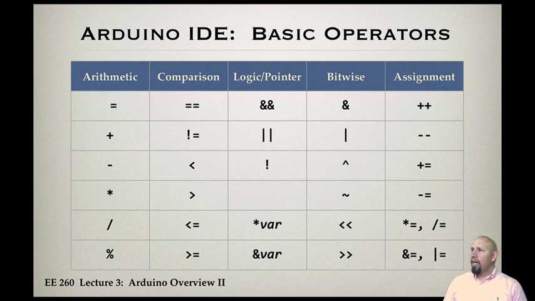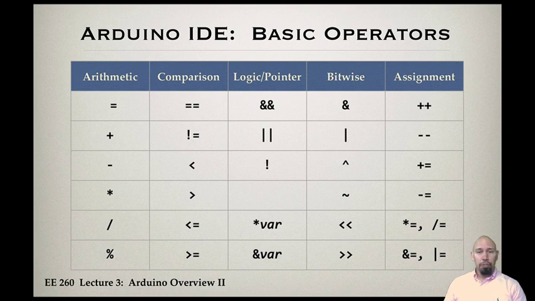Now, like C or any other programming language, there are basic operators that can be used to do various things. We have arithmetic operators: equals, so A equals B, that's pretty obvious; add, subtract, multiply, and divide, and also modulus. What is modulus again? That's right, you got it.